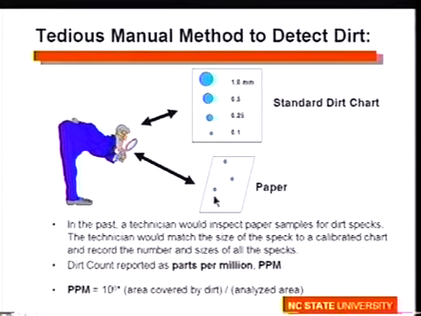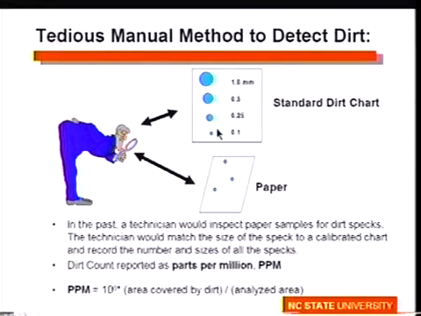The inspector would look at the paper, and they would have a standard dirt chart printed by Tappi, and they would compare the dirt on the paper to the dirt on the standard dirt chart, and try to match dirt specks on the paper with dirt specks on the standard dirt chart.